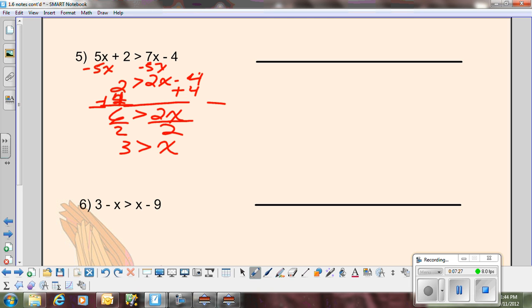Is my arithmetic okay now? Okay. So I have 3 is greater than x. Then, when you write your final answer, I want you to put x on the left. I want you to write it as x is less than 3. It's certainly okay to do that, you don't have to deal with the negatives, but for the final answer, still move your x over. Okay, then we'll graph it.